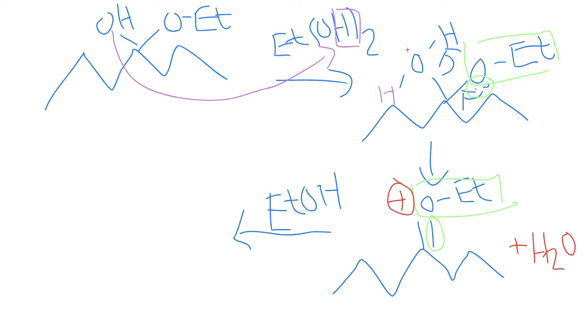So ethanol, in the lone pairs that exist on the oxygen, will nucleophilically attack our activated carbonyl group, our good electrophile. And what we'll get in the end is this product.